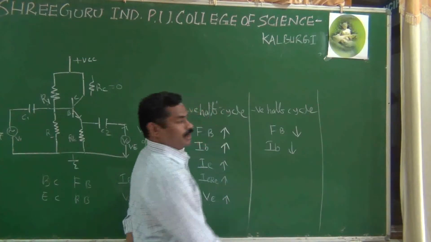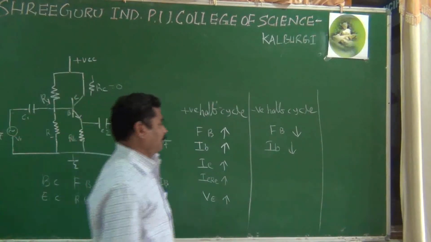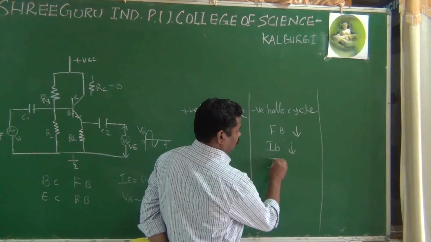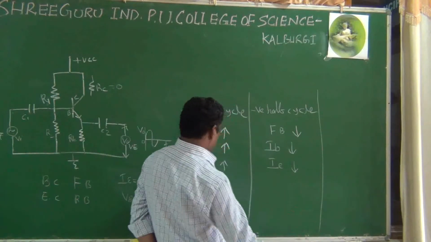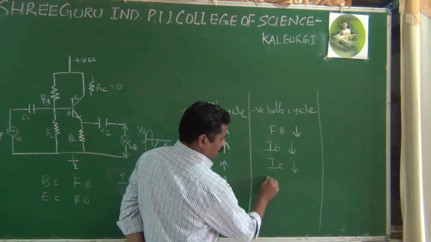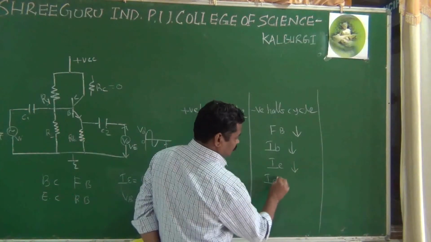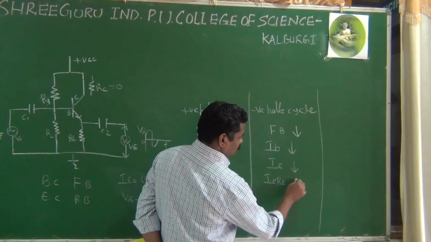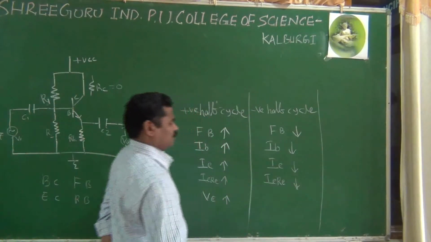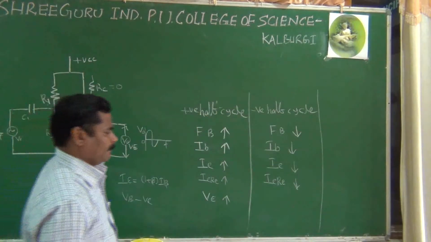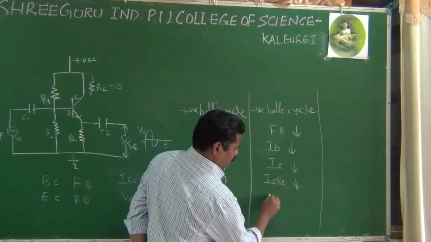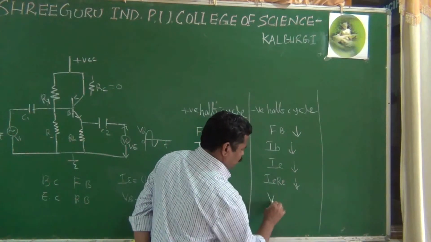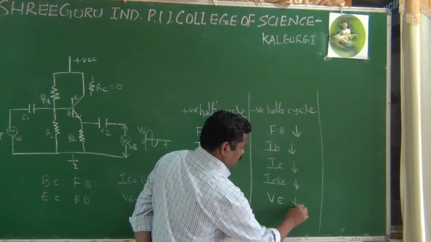If the input current decreases, the emitter current IE also decreases. And if the emitter current decreases, IE into RE also decreases. Or you can write that VE, the output voltage, also decreases.